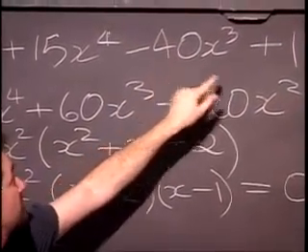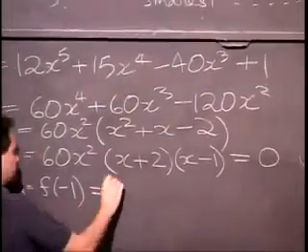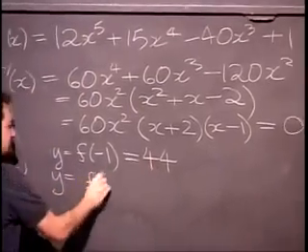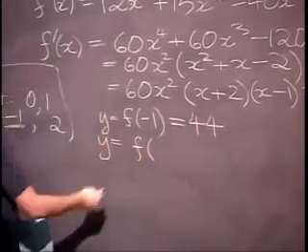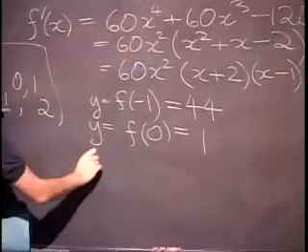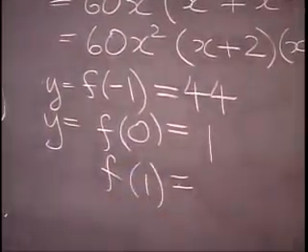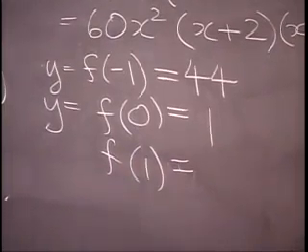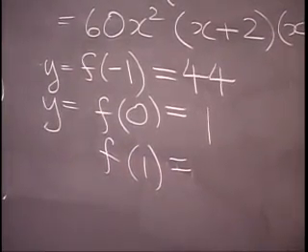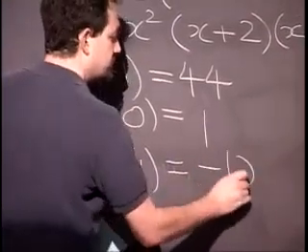So it's 43 plus 1 is 44. You can just plug in 0 and you clearly get 1. You plug in 1, that's another one on the list, and you get 12 plus 15 is 27, plus 1 is 28, but then minus 40, I get minus 12.